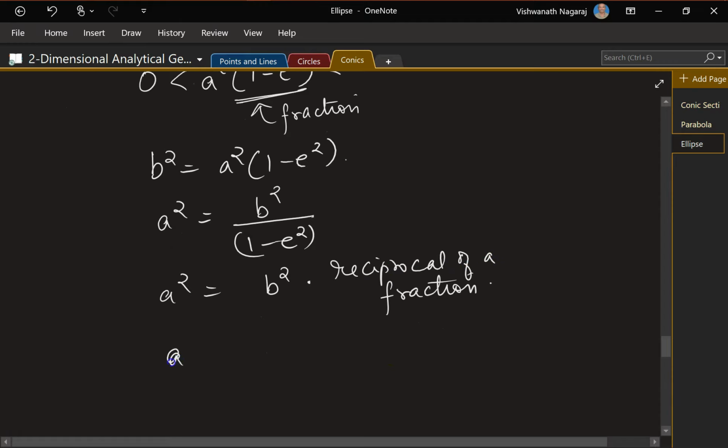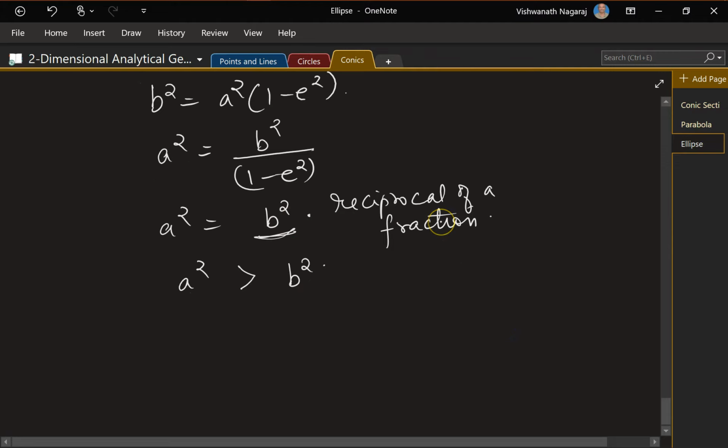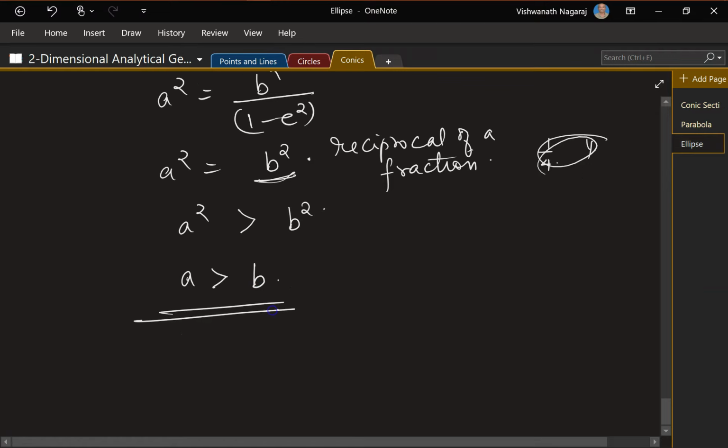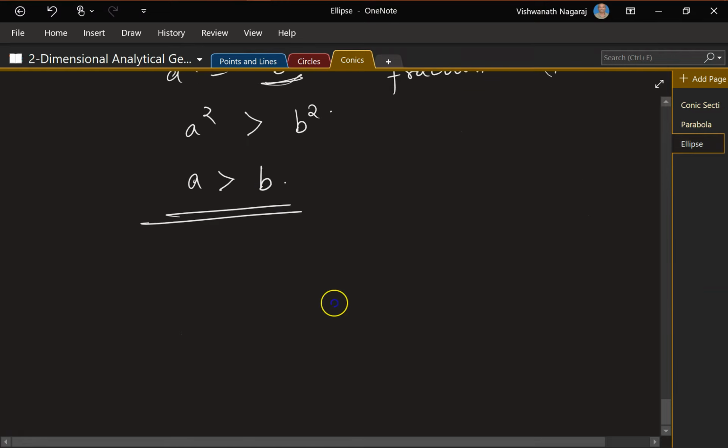So a square is going to be greater than b square, because this is getting multiplied by the reciprocal of a fraction. For example, if this is 1 by 4, the reciprocal would be 4, right? So b square times 4 is equal to a square. So naturally a square will be greater than b square, which means a will be greater than b. So this is the condition for an ellipse.